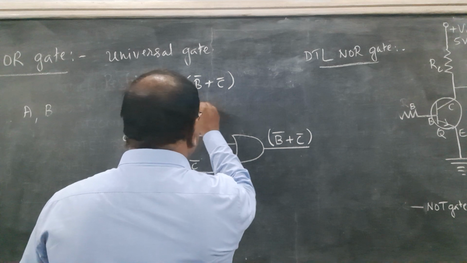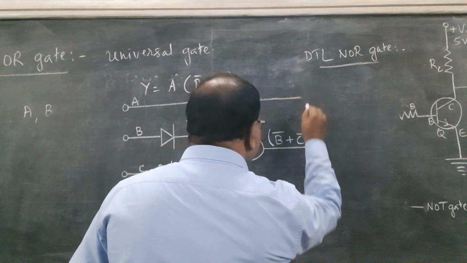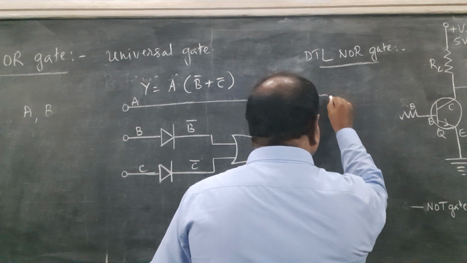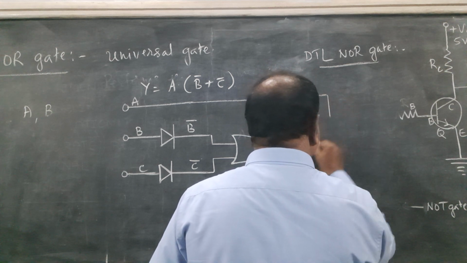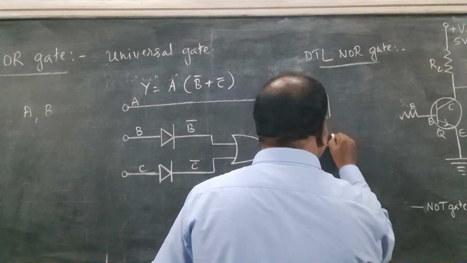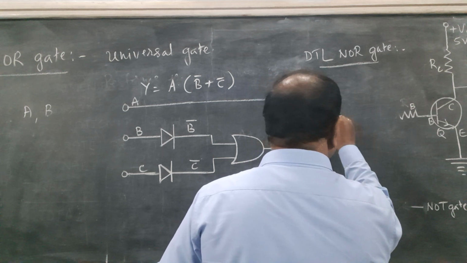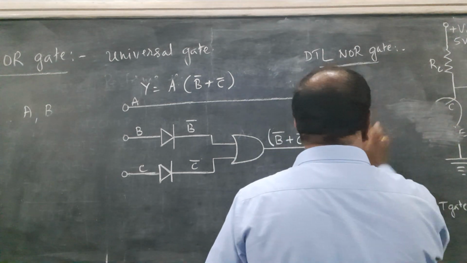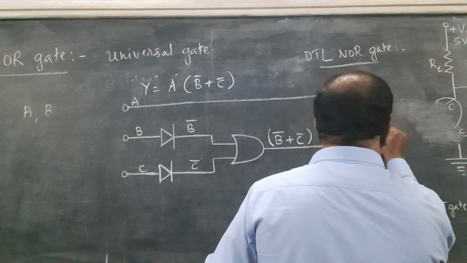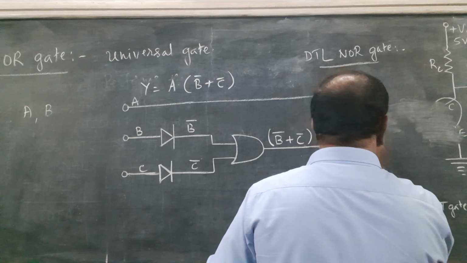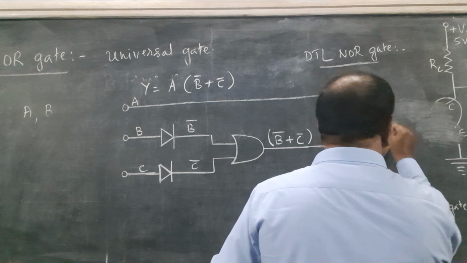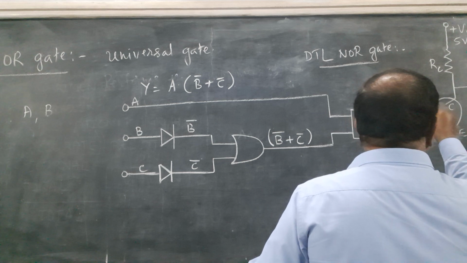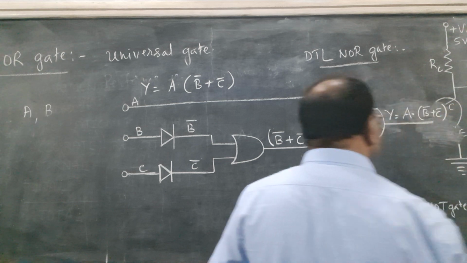So now it has to be passed through an AND gate, like this, right? So the output coming from this will be Y, which is equal to A dot (B bar plus C bar), right?